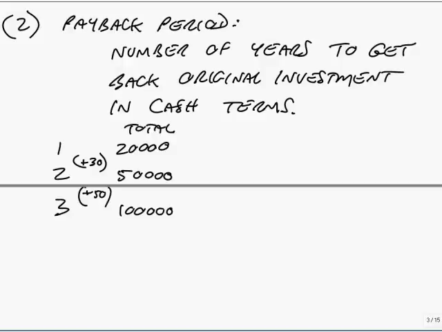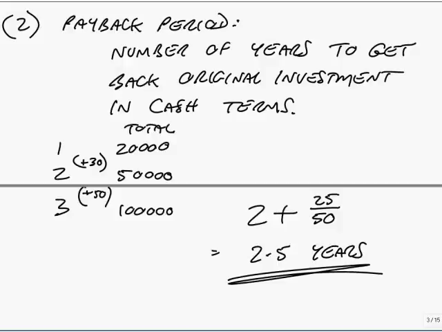Two things. Are we clear that it's between 2 and 3 years? And how much? Well, after 2 years you've had 50. We need another 25,000 to get back the 75. How long will it take to get the other 25? Well, the third year gave us 50, so it takes us 2.5 years.